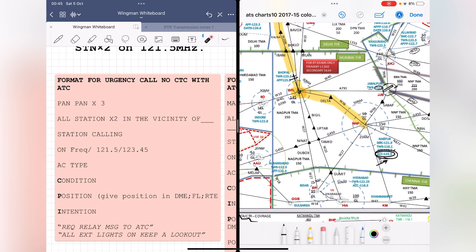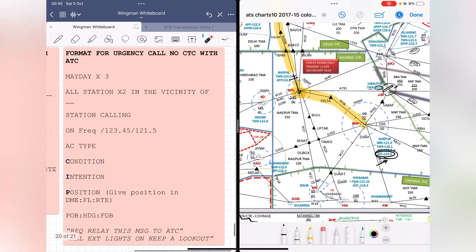My intentions are requesting landing at Bravo Papa Lima. I'm requesting everybody to relay this message to ATC. All external lights are on. Please keep a lookout. And you have to read back this whole call on 121.5, that's the interpilot frequency, and 123.45, that is the search and rescue frequency, which is always monitored.